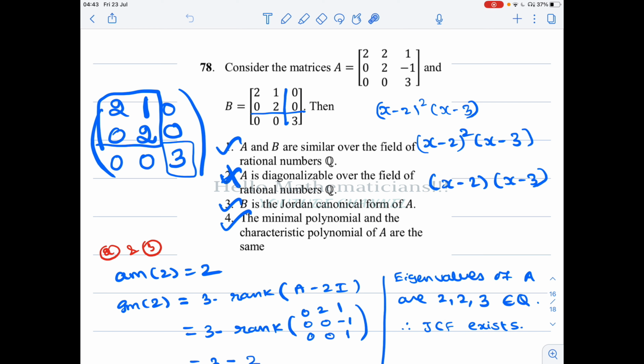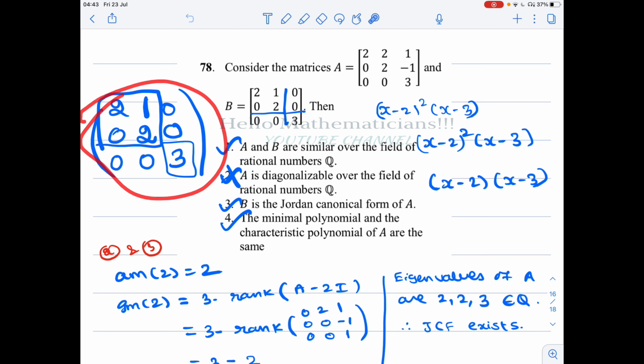Therefore, if you look at the Jordan canonical form of this matrix, the diagonal entries should be 2, 2, 3, that is clear, and it should be upper triangular. So these three entries are 0, and clearly these entries are also 0. The only question is whether this entry is 0 or 1.